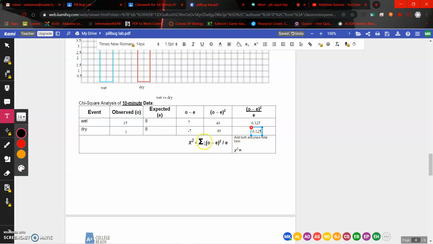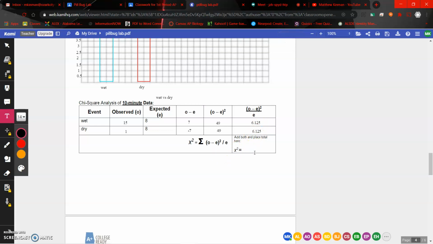And that's what this symbol means. This is Greek for sigma. The other symbol we looked at that looked like the O was also sigma, but I believe it's just a lowercase sigma. This is an uppercase sigma. But in math, this symbol represents summation, which means add them all up. All right, so add 6.125 plus 6.125.